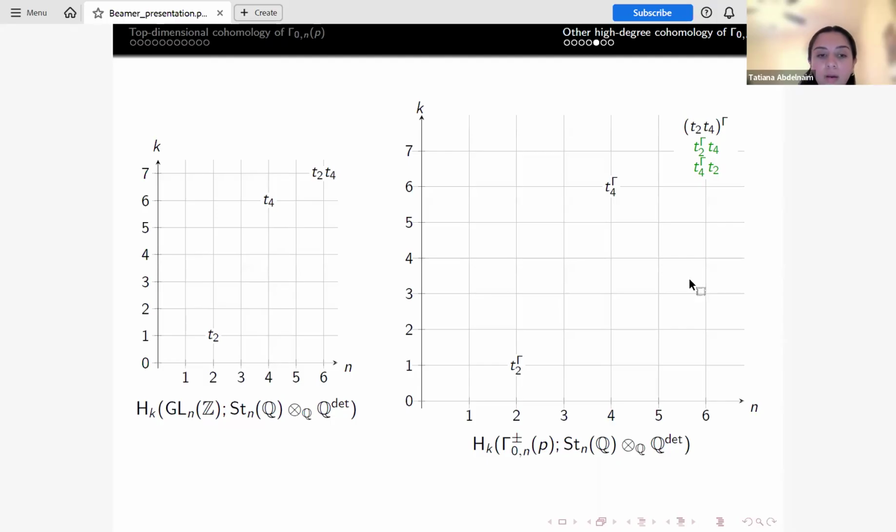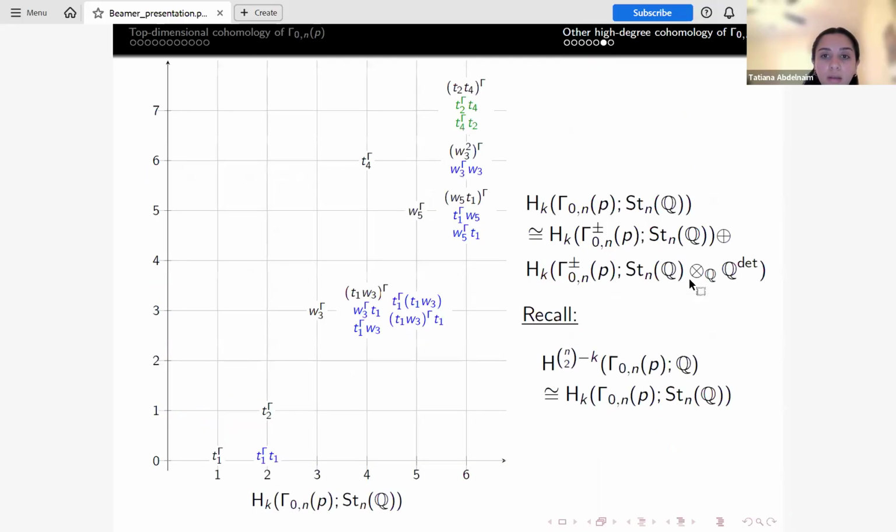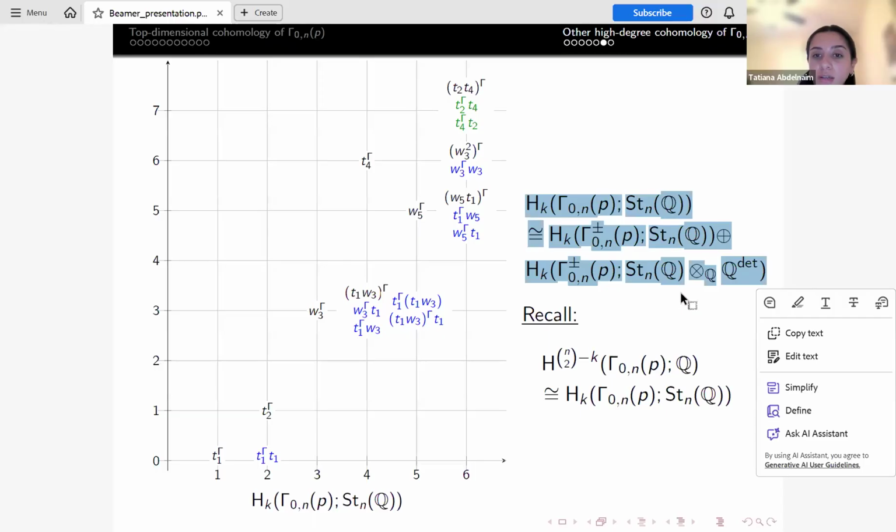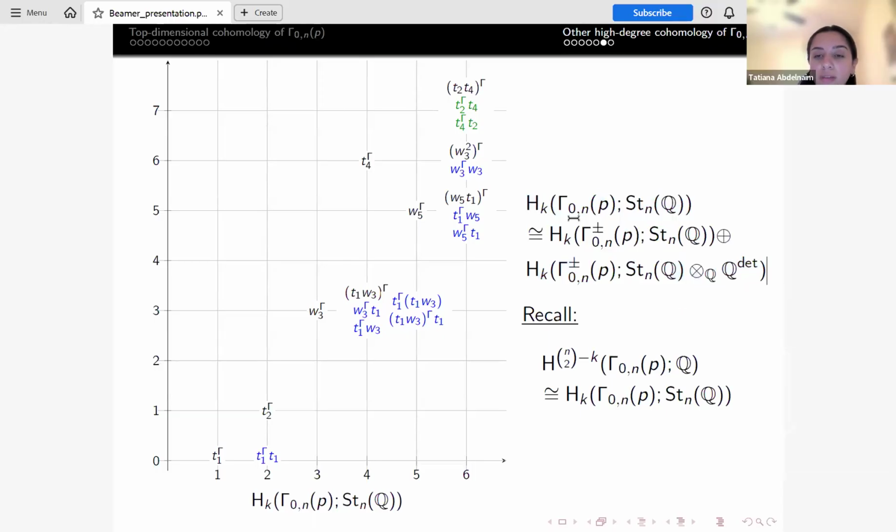And so the way I want to connect this to the first part of the talk: looking at the isomorphisms here, the homology of gamma 0, and now here there's no plus minus, so this is the subgroup of SLNZ with Tamer coefficients, is equal to the sum of the homology of gamma 0 plus minus with Tamer coefficients plus the homology with Tamer coefficients tensor determinant coefficient.